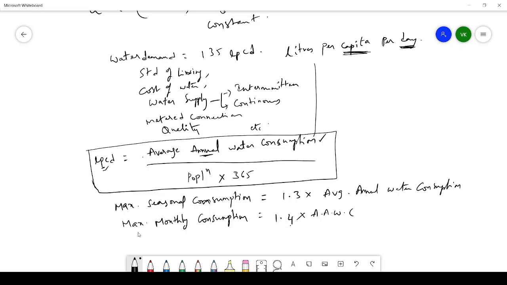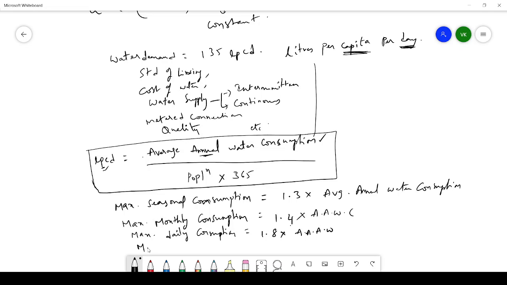Similarly, the maximum daily consumption or maximum daily demand will be equal to 1.8 times the average annual consumption. On one particular day, the temperatures might be highest. On such day, you are going to use 80% more than average value.